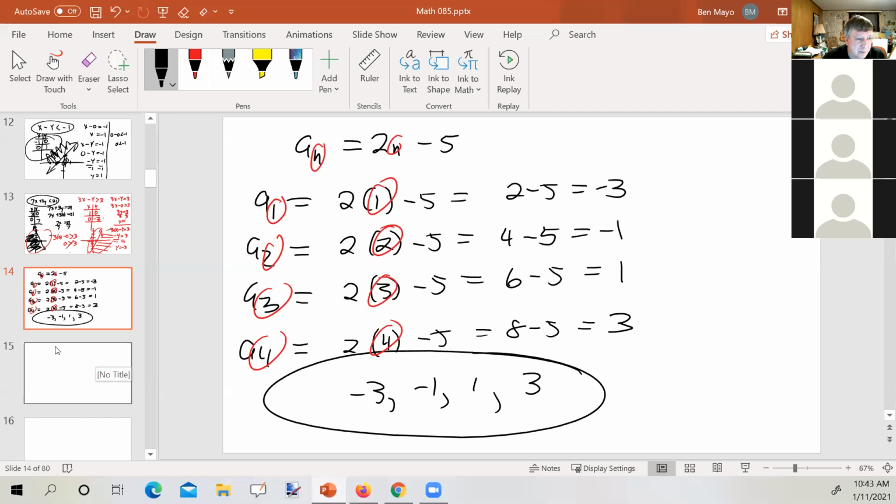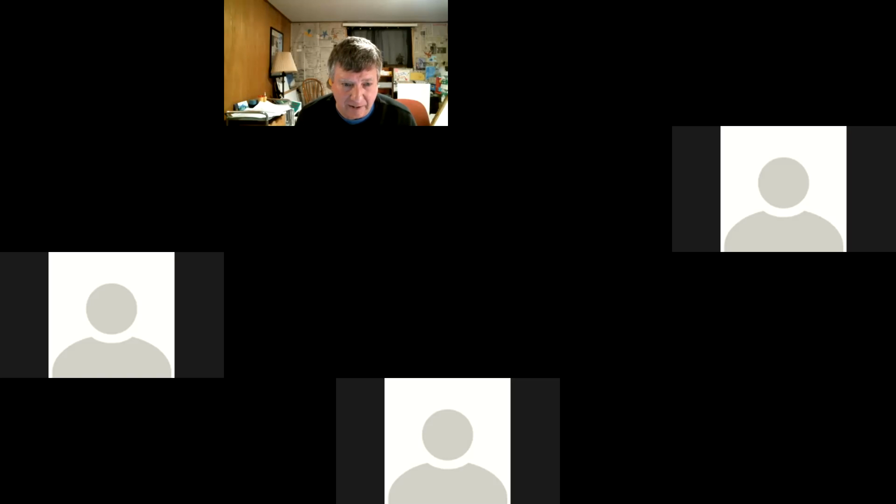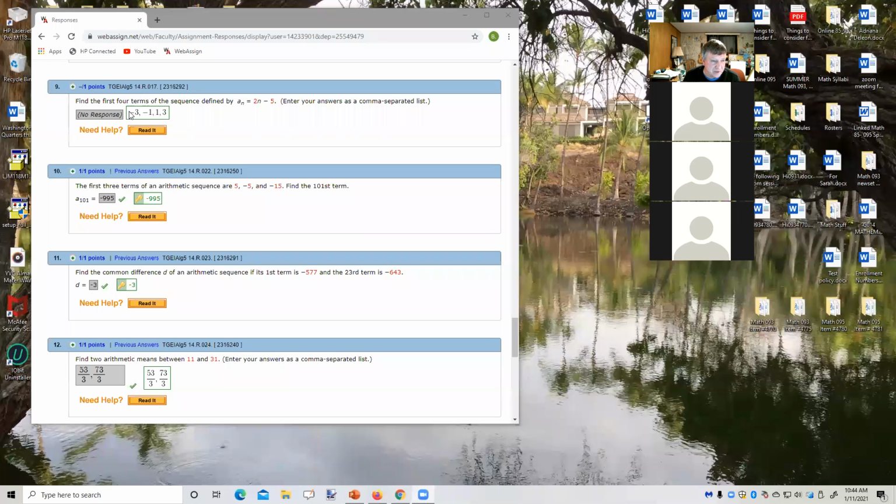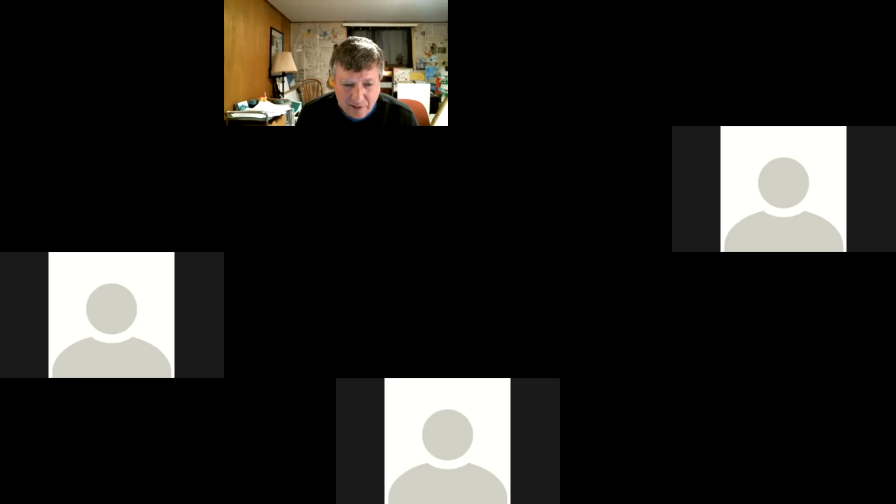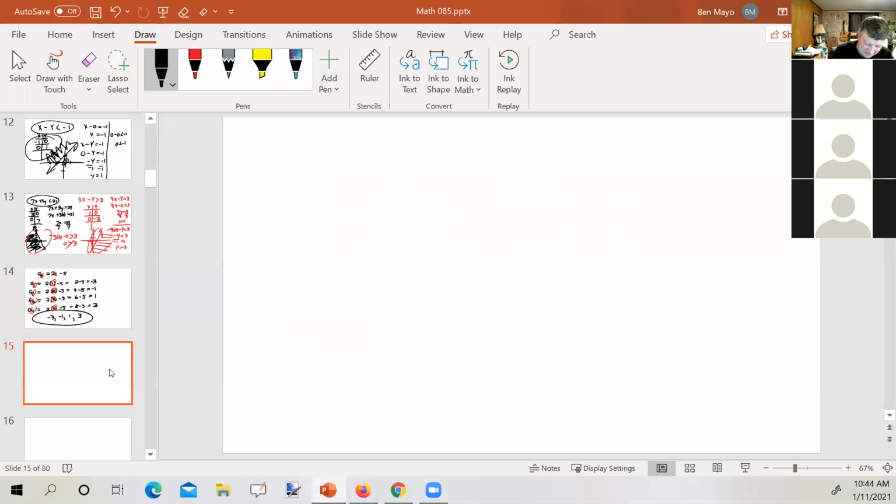That particular one said find the first 4 terms. Go back to the instructions so you can see that. So here it says find the first 4 terms of the sequence. I understand, because a lot of them said 5. When all else fails, read and follow the directions.